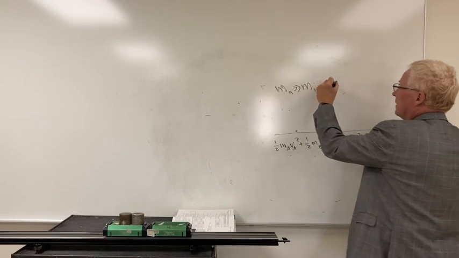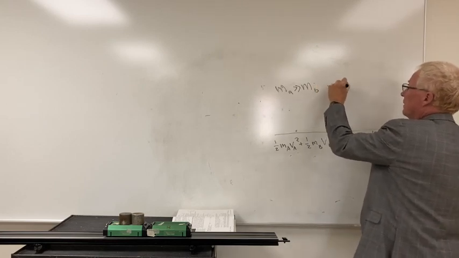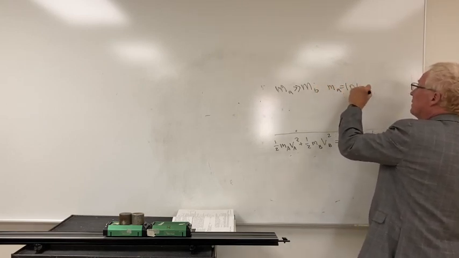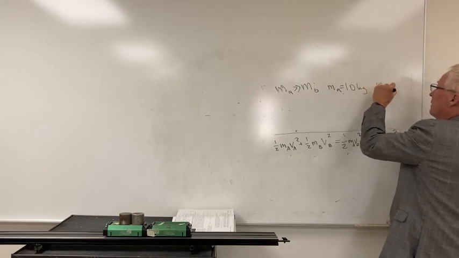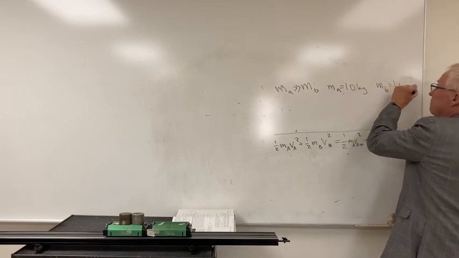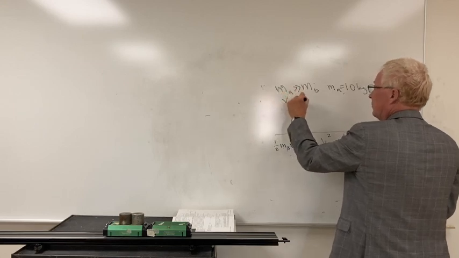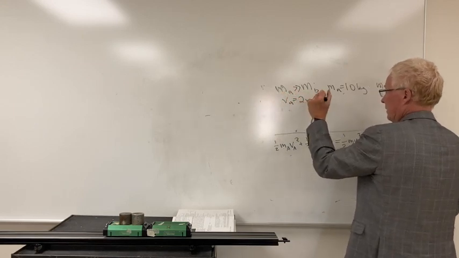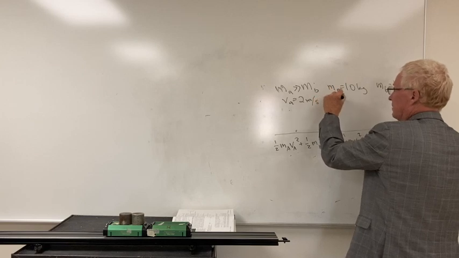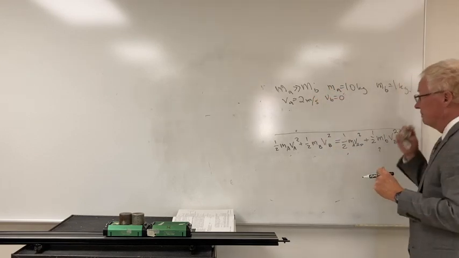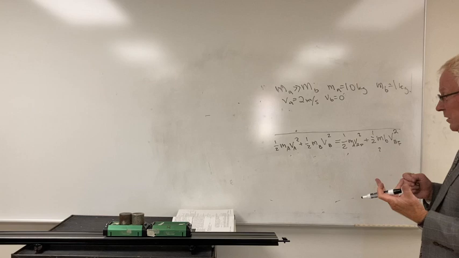So say MA is 10 kilograms, MB is 1 kilogram. And again, VA is 2 meters per second, and VB is 0. So what's happening here?